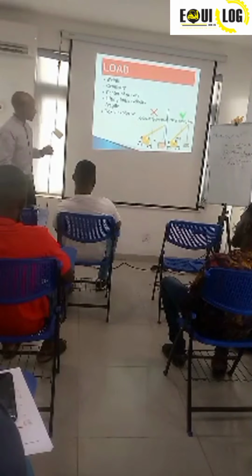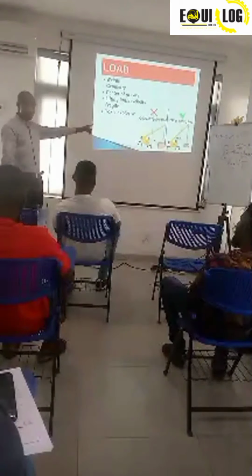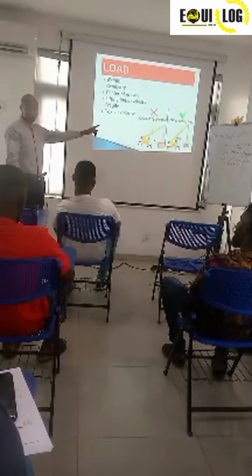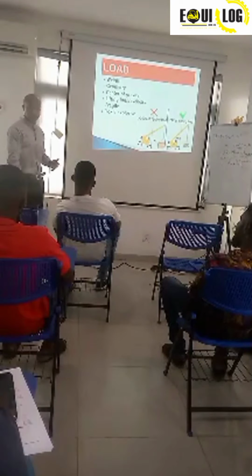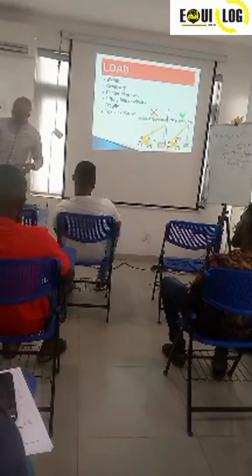If a crane is rated 1,000 tons, the condition is that you can't lift a 1,000-ton load. You can't use 100% of the tipping load. You can lift something like 75% of your tipping load.